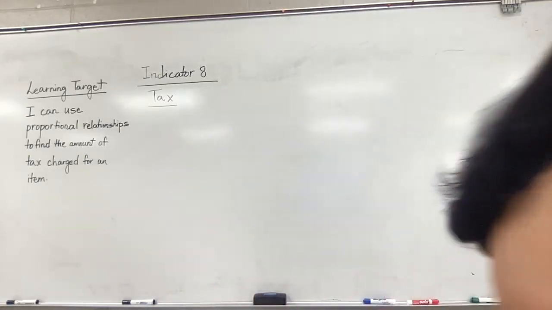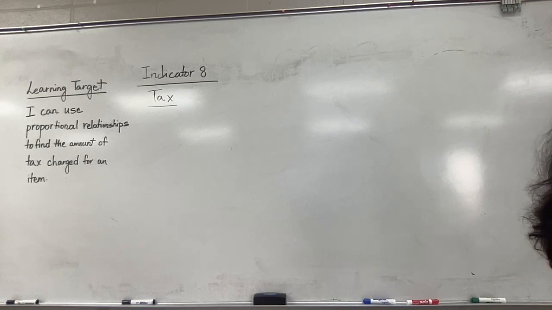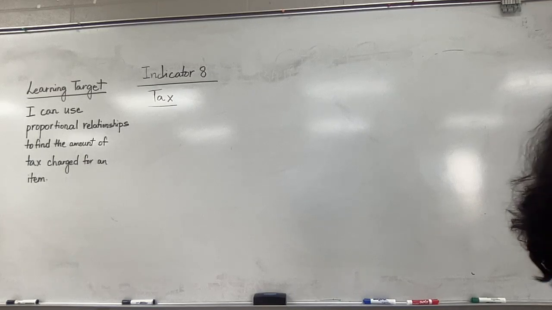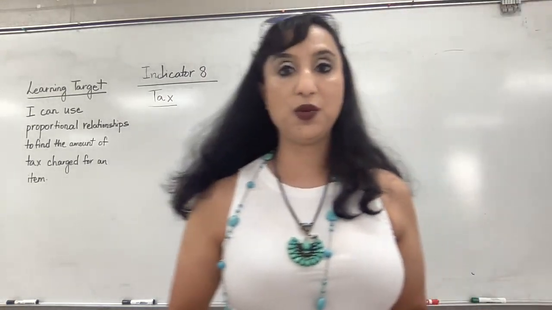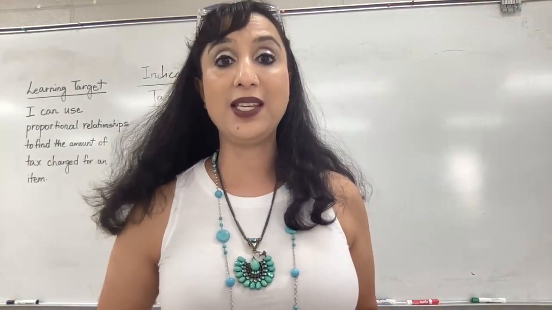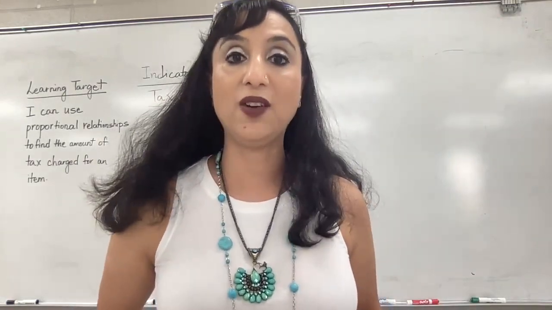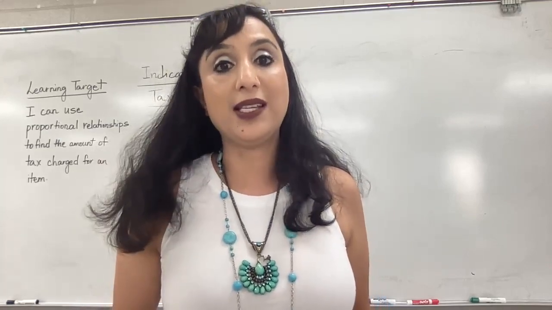Okay, so let's go ahead and do some problems relating to taxes. I'm going to show you a couple of methods, and you can choose whichever method works for you. There are several ways that you can do the calculations for finding the total amount with the tax included.